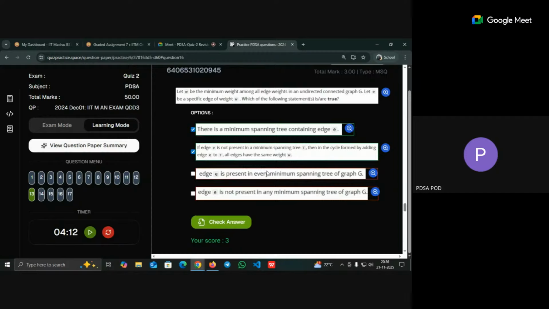Now in this cycle, suppose AB was having a weight of W, let's say W was 2, and AC is now having a weight of 3. Then if it was a minimum spanning tree, how come you ignored the weight with 2 and you added a weight with 3?